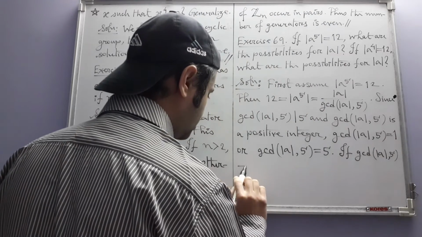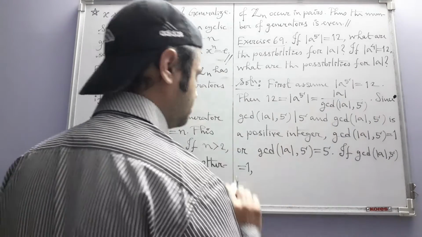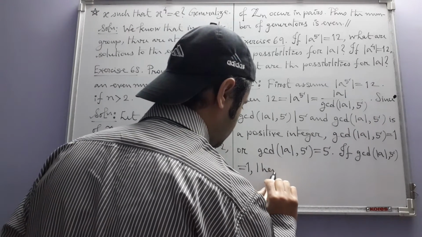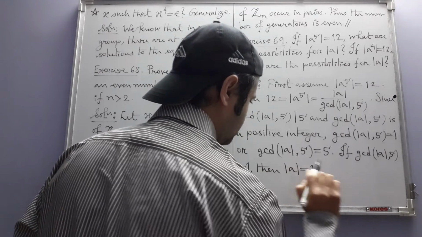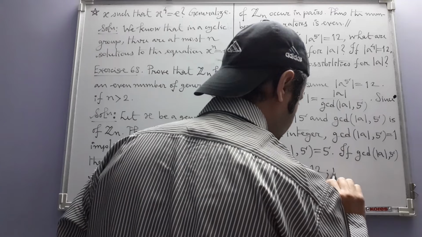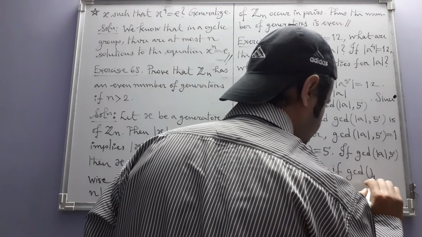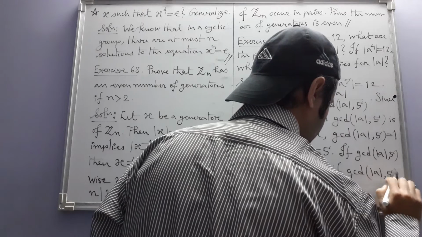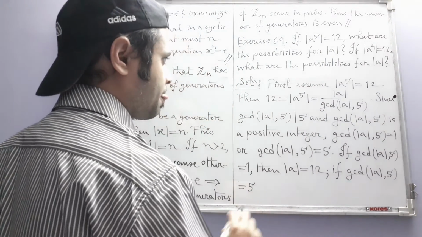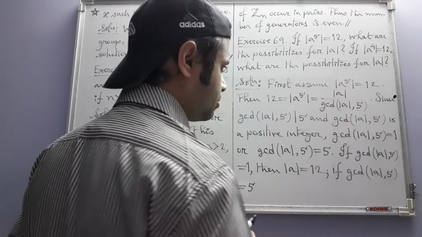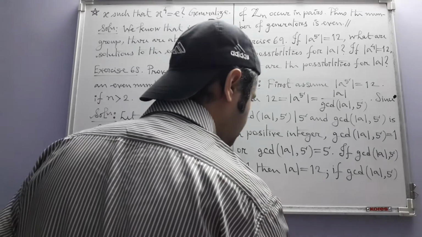If the GCD is 1, then this is 1. In that case, the order of a is 12, and if the GCD is 5, then the order should be 60, because 60 divided by 5 is 12.